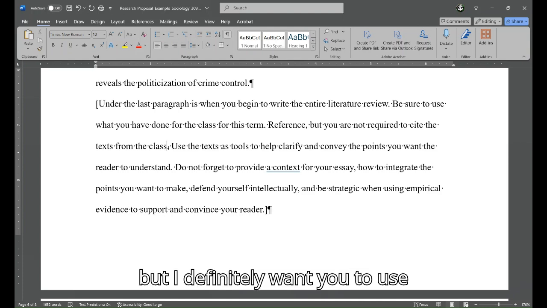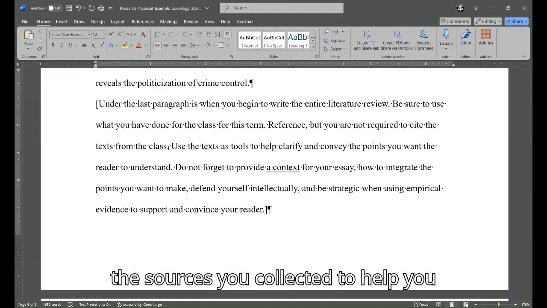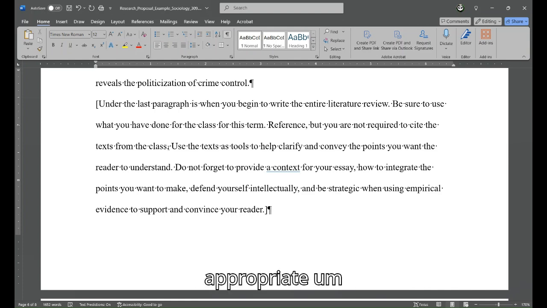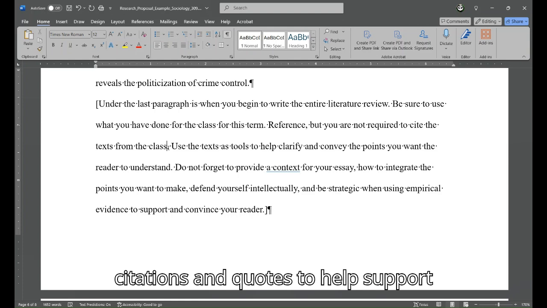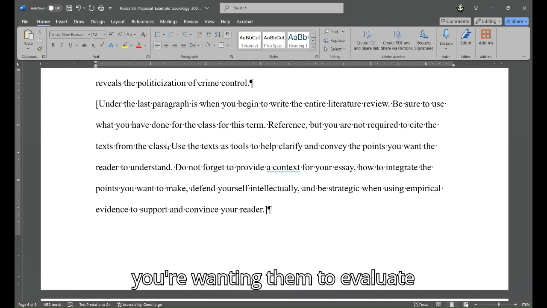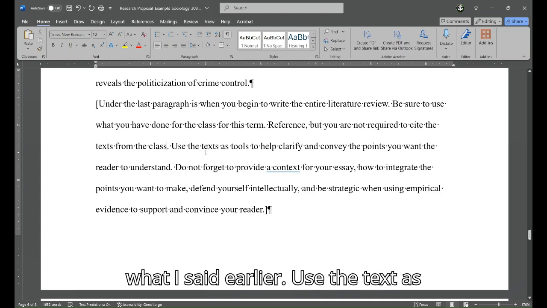But I definitely want you to use the sources you collected to help you write out your lit review and provide the appropriate citations and quotes to help support and convince your reader of the claim you're wanting them to evaluate and to accept.